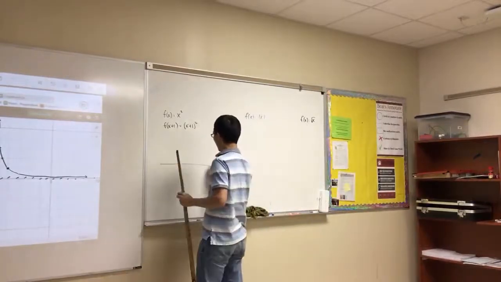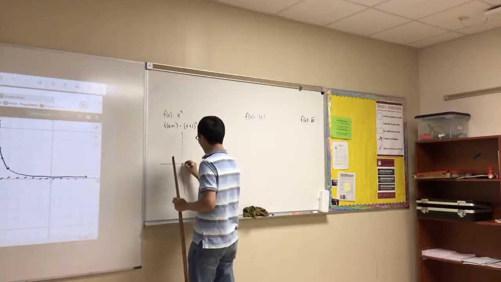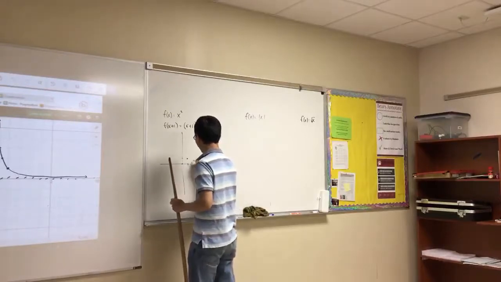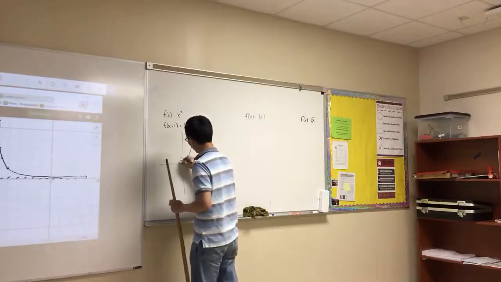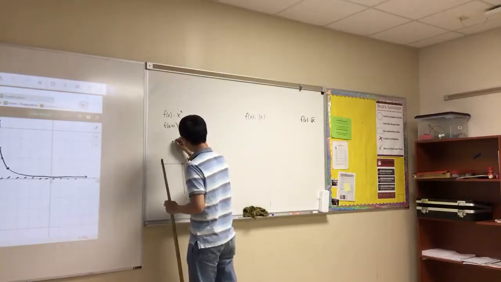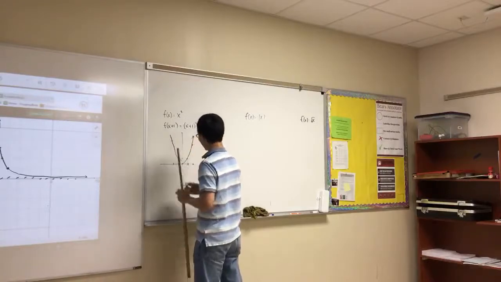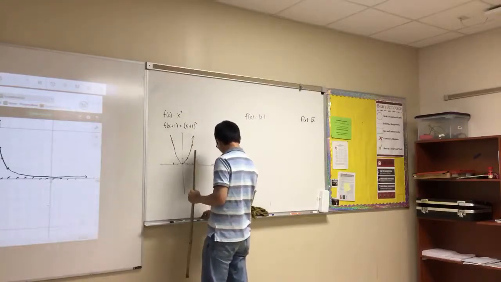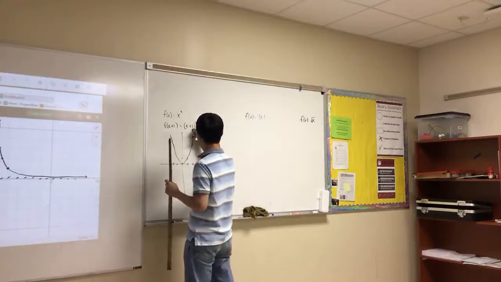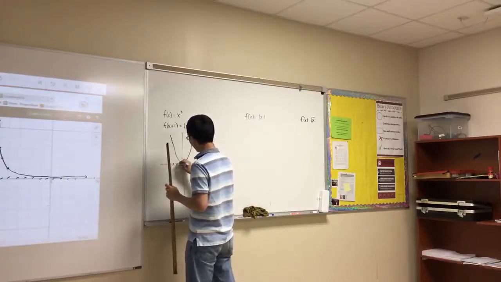So this is my original graph. I have all the dots memorized like this. This is my original graph. So, okay. So now it's moving left one. So it's gonna be new dots here.